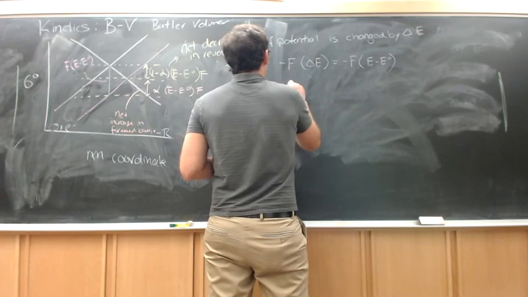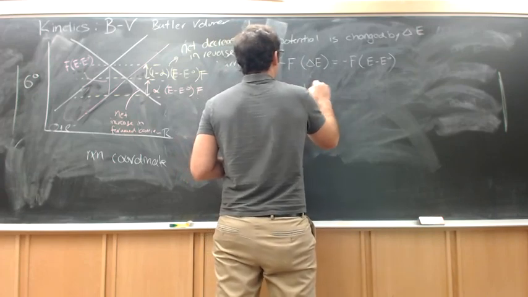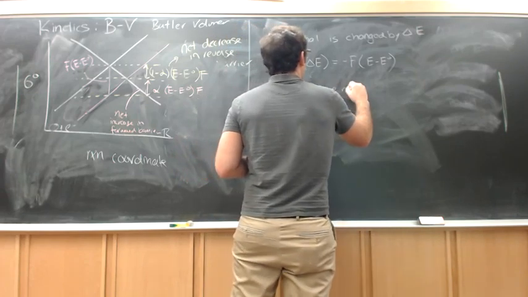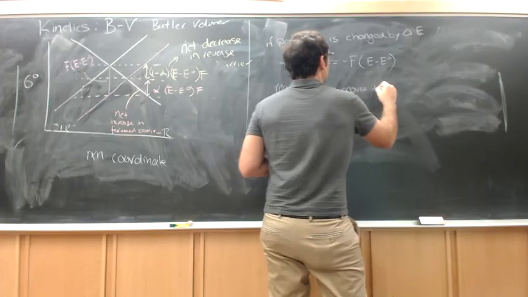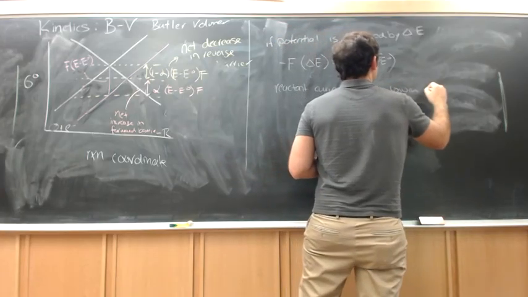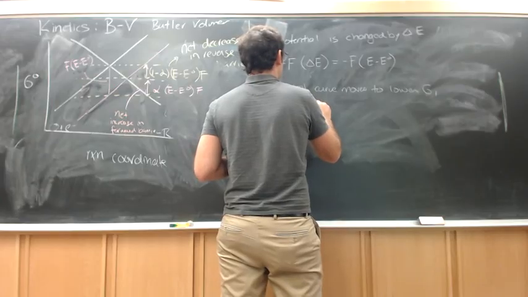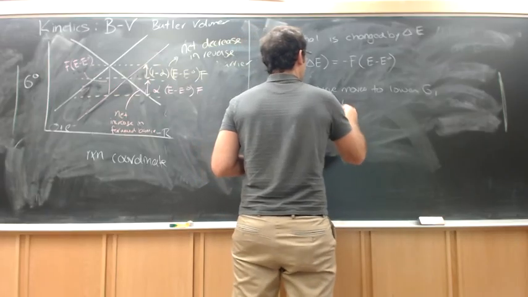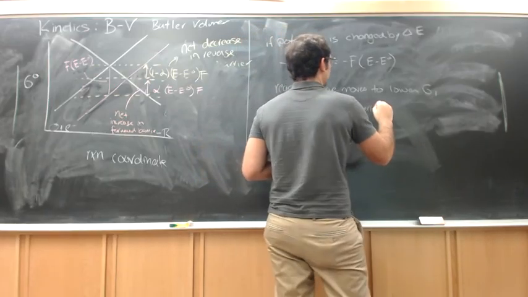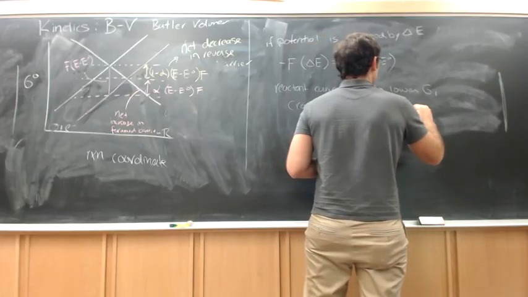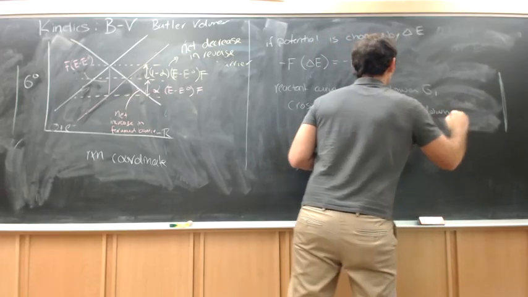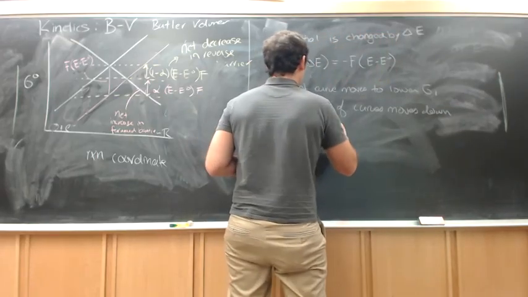So the reactant curve moves to lower G. The crossing of curves moves down a fraction of that.